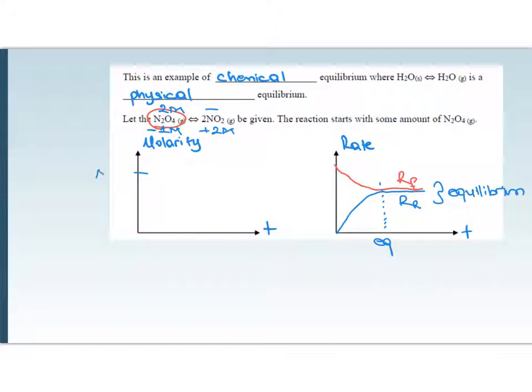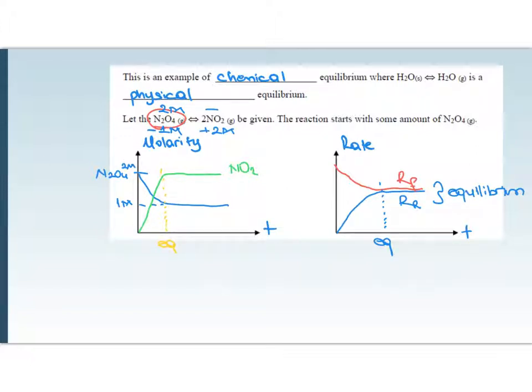You have the nitrogen tetroxide here. It started from 2 molar, and after a while it decreases to 1 molar here. This is 1 molar. Now, what about nitrogen dioxide? When 1 molar of nitrogen tetroxide is decomposed, it is going to produce 2 molar of nitrogen dioxide in the same time interval, and it goes like this. Now, this is the moment of equilibrium.